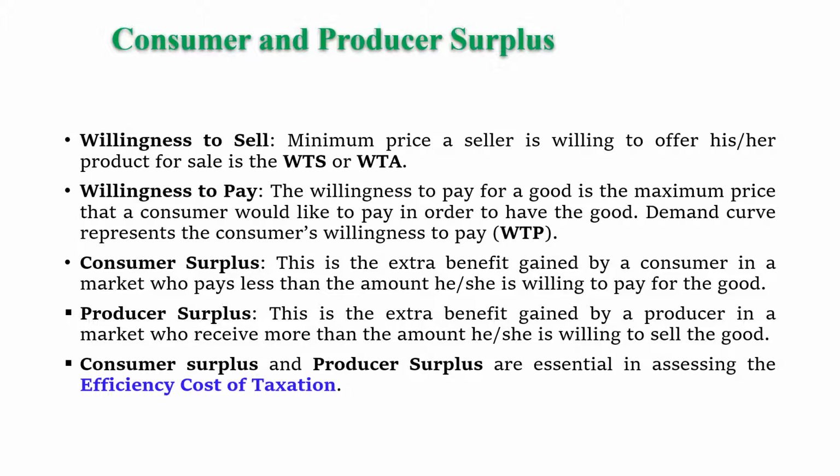So because of that lower price relative to what I'm willing to pay, the consumer here experiences a welfare gain. The consumer is better off if he decides to buy the good because he's going to gain an extra $2.